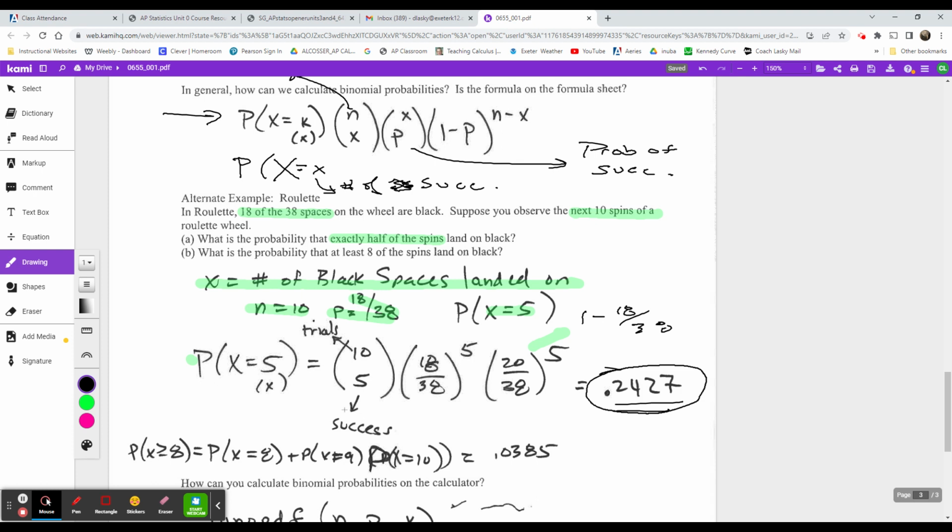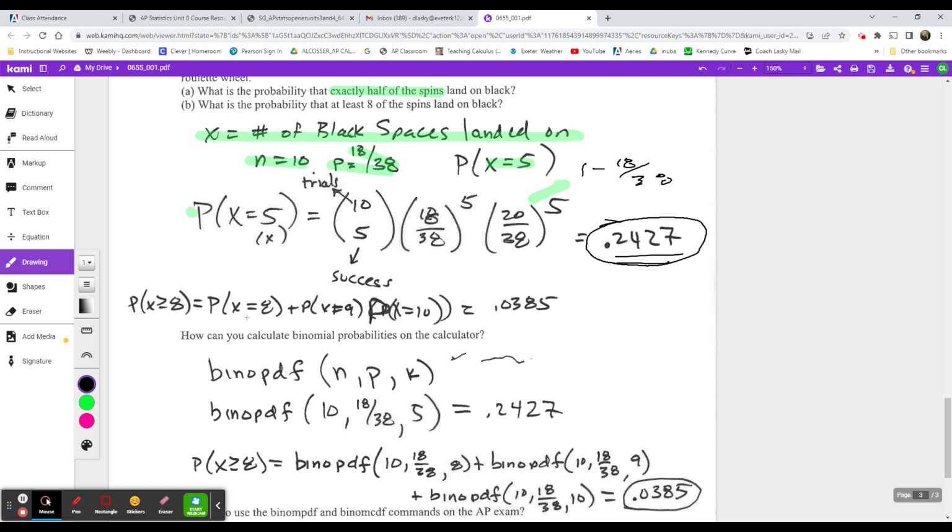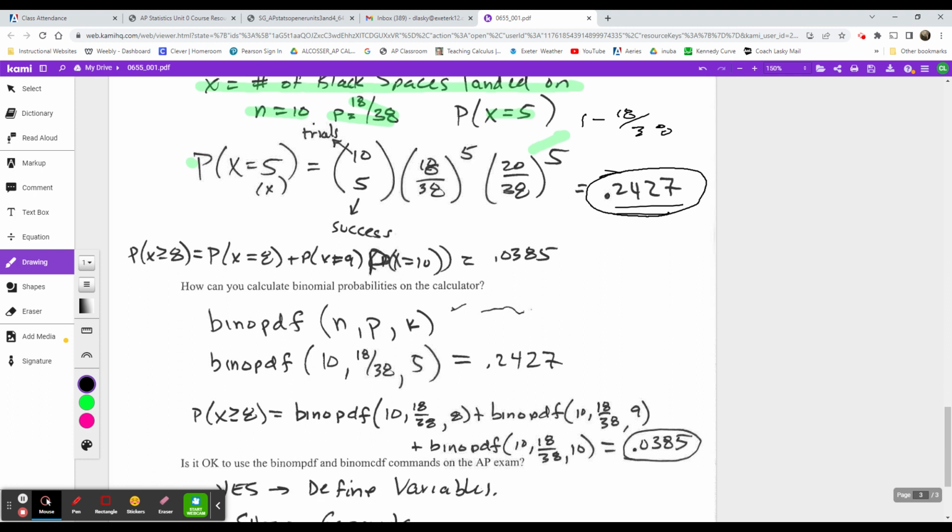Now you're going to do this same idea, but you're going to use the calculator. The calculator makes things way easier. I forgot what page it's on, but you're going to go to second, vars, our distribution menu.